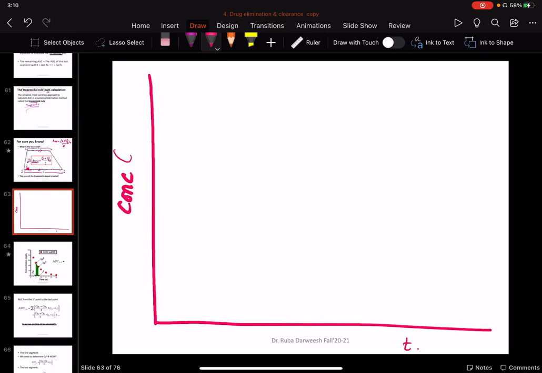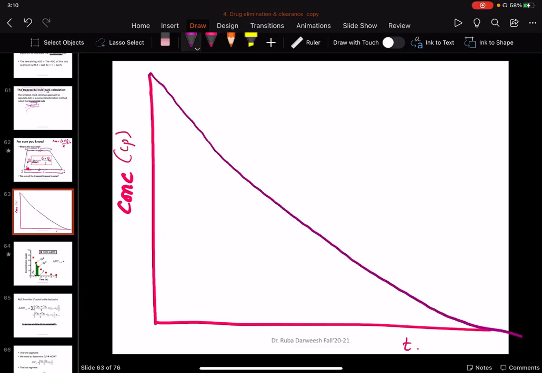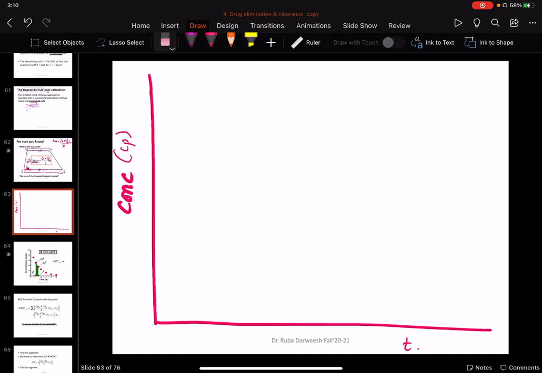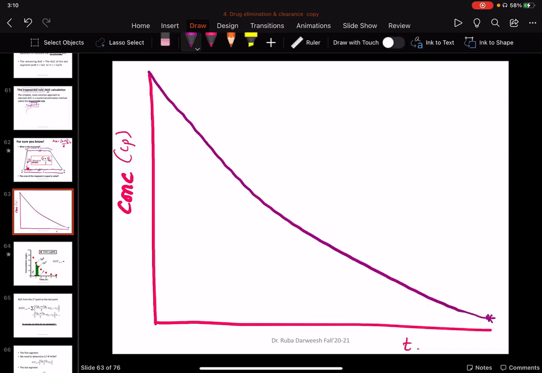Okay, CP versus time. If we have this profile, let's say this is the last measured concentration, we need to divide the area under this profile into different trapezoids.